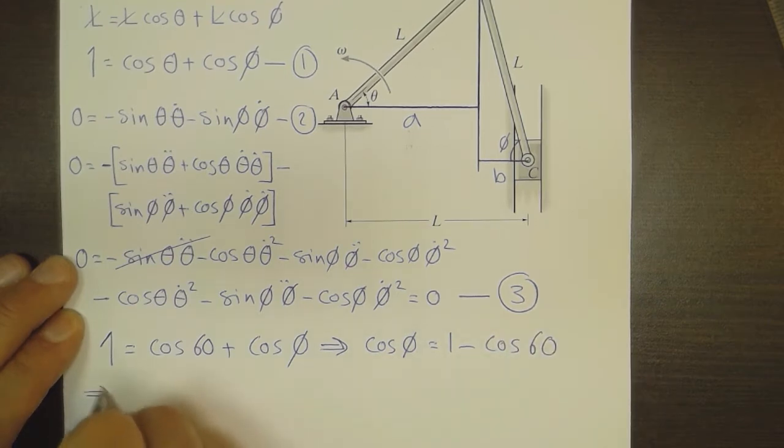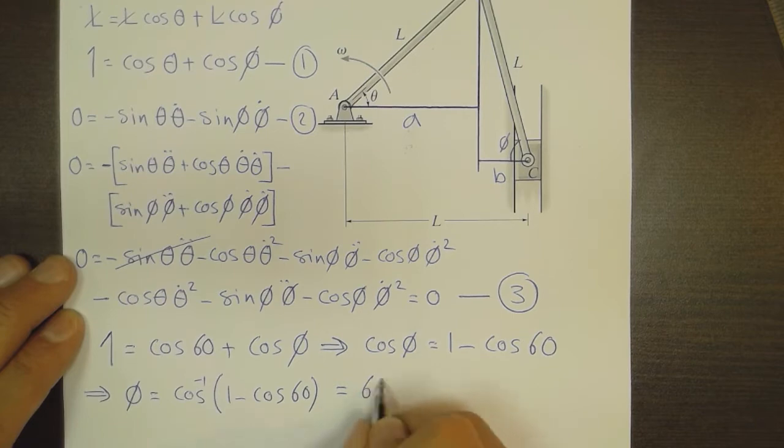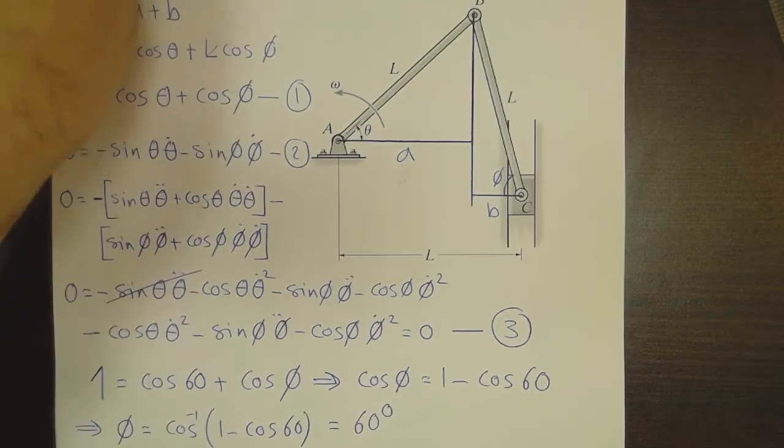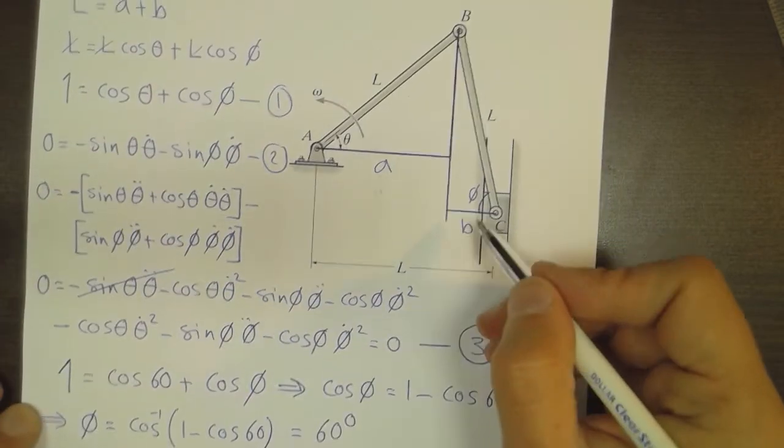This would yield phi equal to the inverse cosine of 1 minus cosine 60, and this gives us phi equal to 60 degrees. This is good. Now we know phi here is equal to 60.